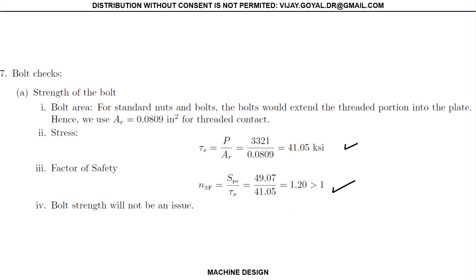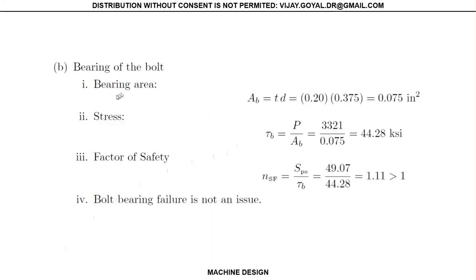So I move on. Now I find the bearing of the bolt. The bearing of the bolt is given by t times the diameter of the bolt. Remember, this is the thickness, so this is 0.075, and you do this, and this gives you 1.11. Bigger than 1, we are also good.